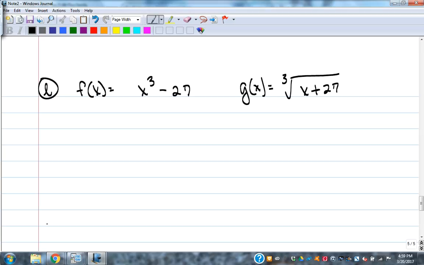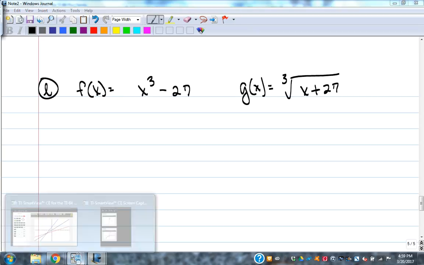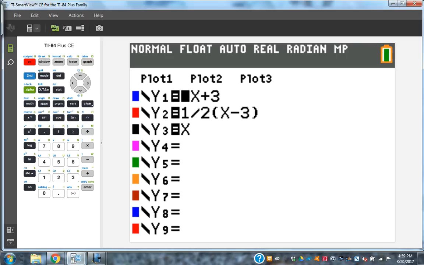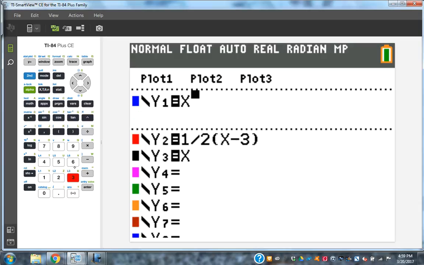And you could do that algebraically, do the composition, and see what's happening. Let's look at it graphically and see what happens with that. So going to y equals, I'm going to clear out the two that I'd graphed before, and I'm just going to type in x to the third power minus 27.